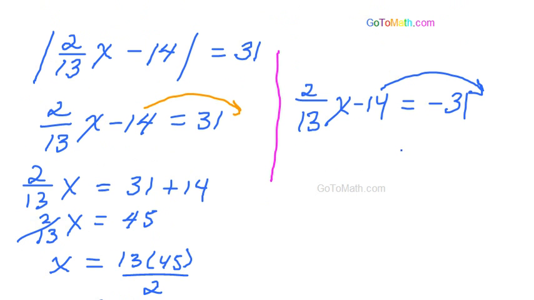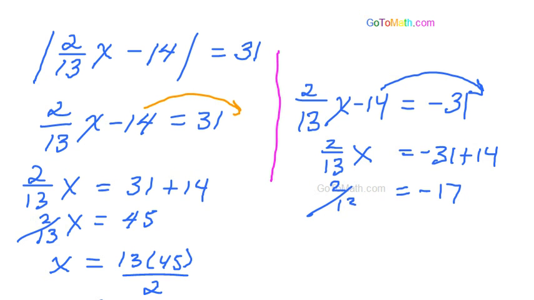So we go ahead and do the same thing over here. Basically bring that to the other side, so we have negative 31 plus 14, right? And then we have 2 over 13x, and I'm getting that should be like negative 17. Alright, we'll go ahead and rewrite this.